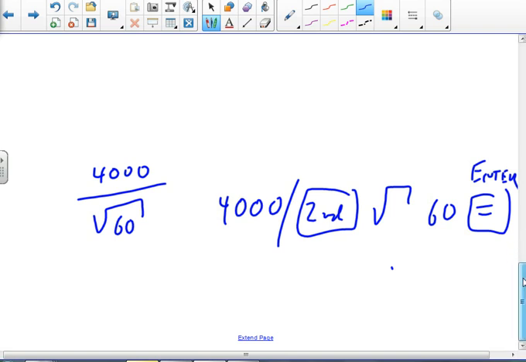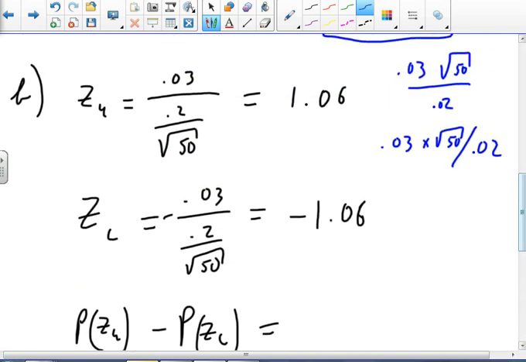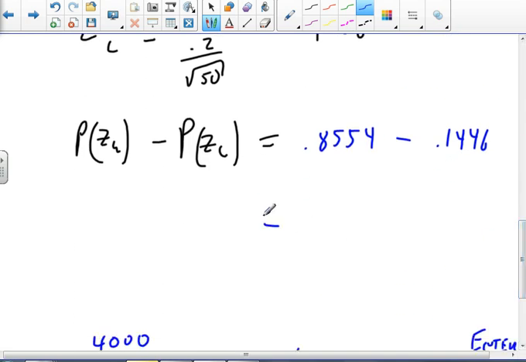All right, back up to the top here. Now I'm looking at the Z table. 1.06, 0.8554, and then minus 0.06, 0.1446. And then I subtract those two. 0.7108.